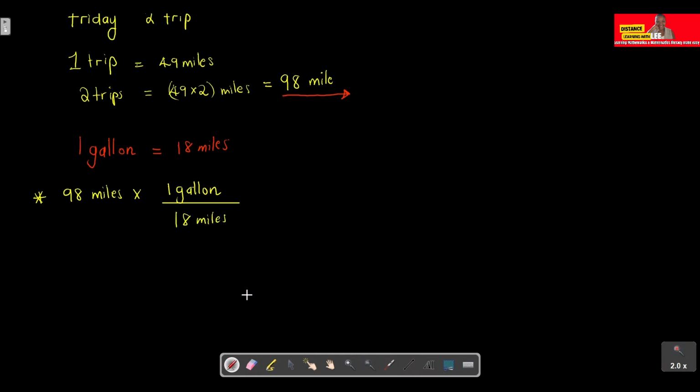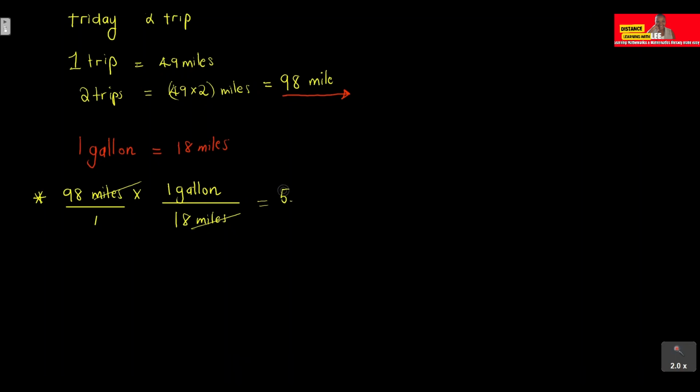If you punch that into your calculator, you'll see that on Friday, Noah just used 5.44444 gallons of petrol. So how much petrol does he then have left? After he's used that, we already know that his car uses 23 gallons of petrol.